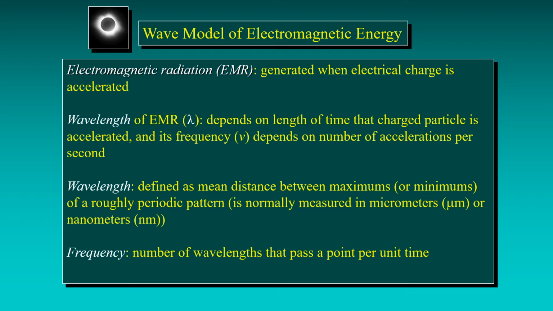Wavelength specifically is defined as the mean distance between maximums or minimums, or you can think of that as peaks or troughs, of a roughly periodic pattern, and it's normally going to be measured in units of micrometers or nanometers. That's often the types of units that we use for a lot of electromagnetic radiation, especially if it's in, say, the optical portion of the electromagnetic spectrum.